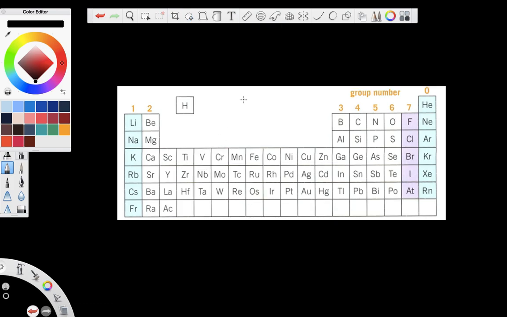So I'm going to put in again the dividing line for metals and non-metals, and I'm going to pick an element that I want you to give the general properties for, okay? So the element I am going to pick is sodium. Pause the video now, give me the properties of sodium, and we'll talk through it.